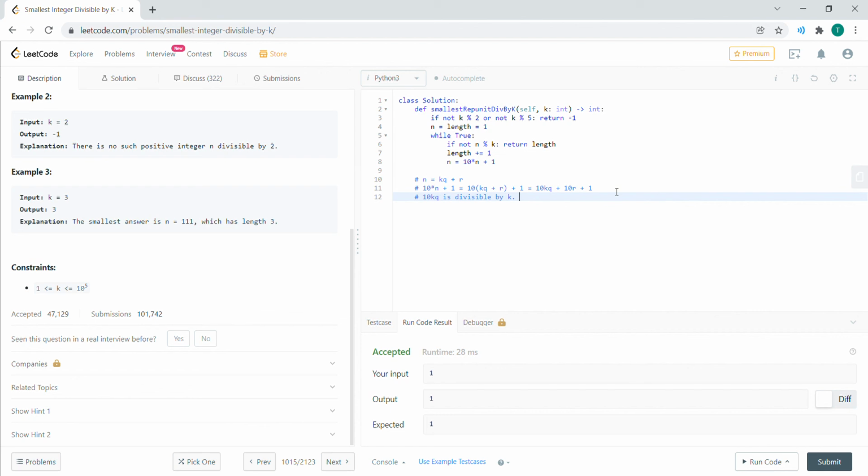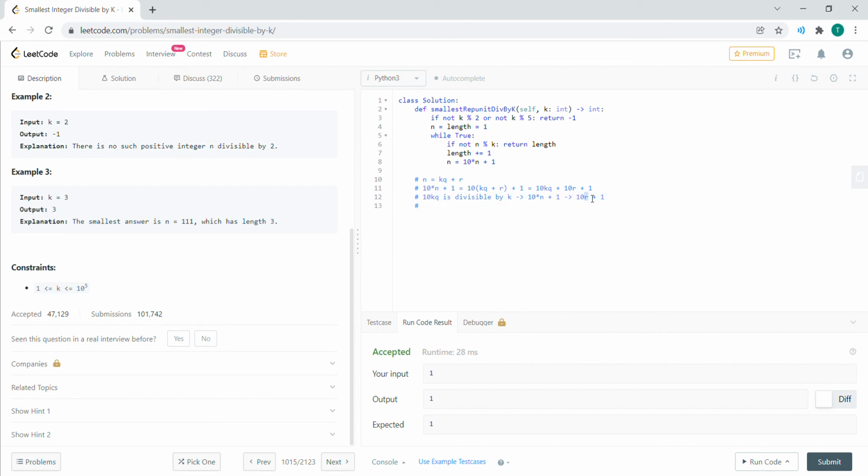This implies that 10r plus 1, the last two terms, depend on whether this term right here, 10 times n plus 1, is divisible by k. It is divisible by k only depending on whether 10r plus 1 is divisible by k. Right? This is kind of a mathematical induction.